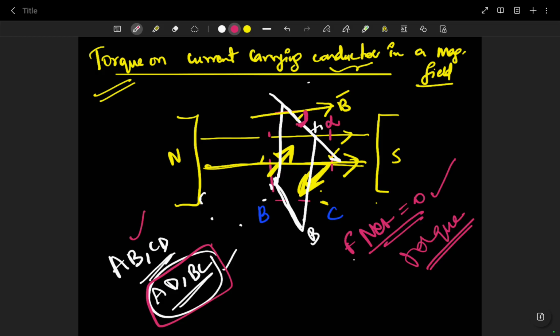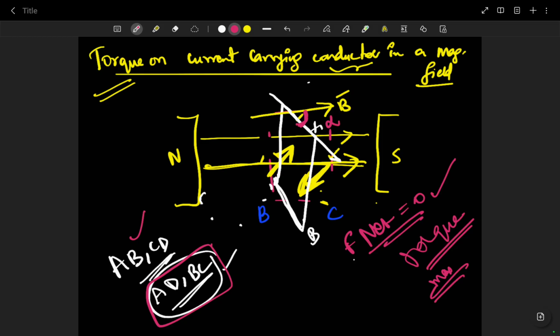And obviously the torque that we are considering will be maximum when the plane of the coil is parallel to the magnetic field, and it will be zero when the plane of the coil is perpendicular to the magnetic field, right? Perpendicular, when it's at rest, and it will be parallel, giving you the maximum torque.